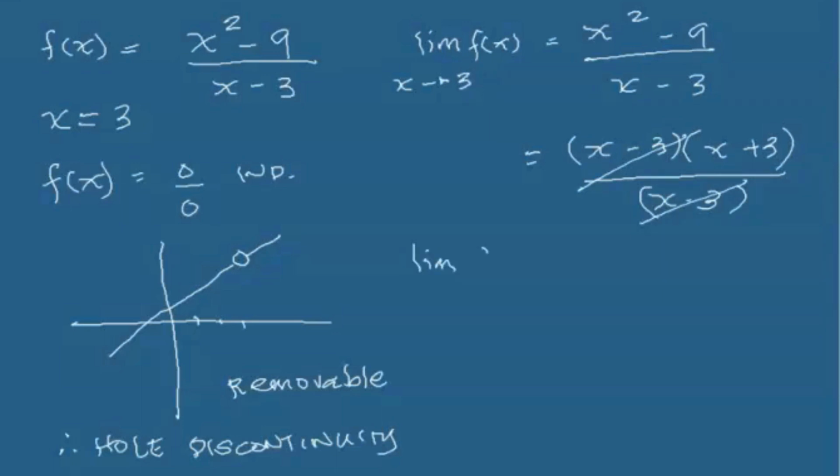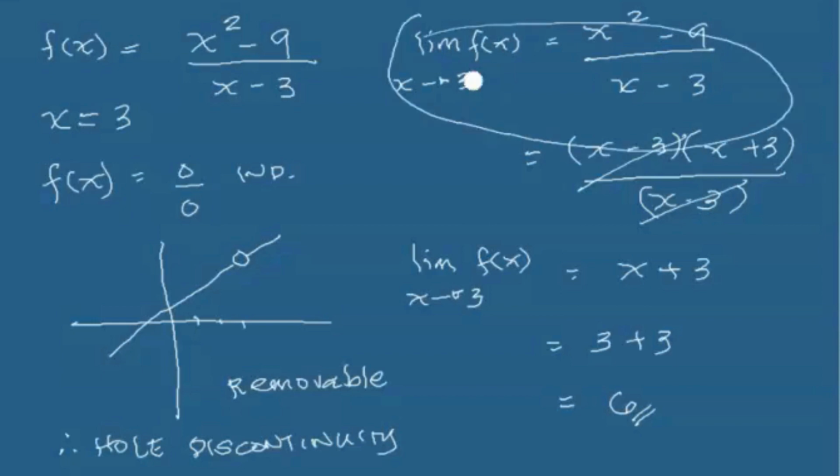Therefore, the limit of f of x as x approaches 3 is equal to x plus 3. Substituting, 3 plus 3 is equal to 6. So we were able to remove the discontinuity at x equals 3 by redefining the function.